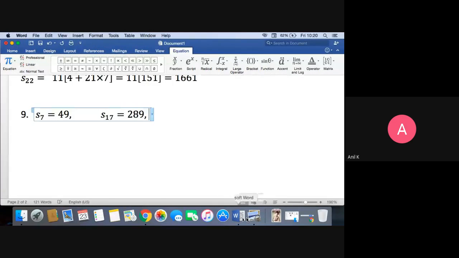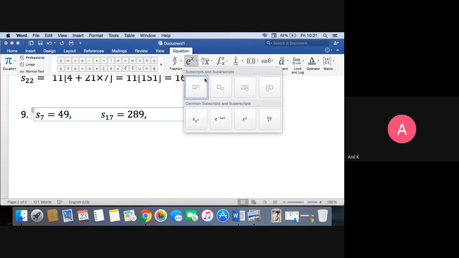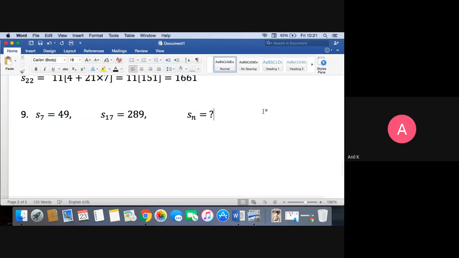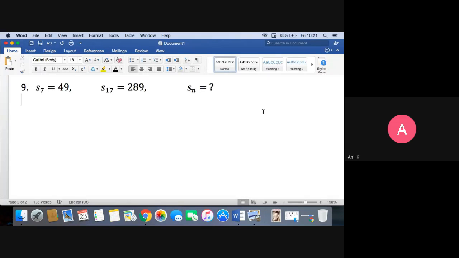And what they ask is the sum of n terms, that is the Sn value. Sn equals how much? So this is the data given, and this is what they asked to find. It gives me a clear picture of what I have to do.